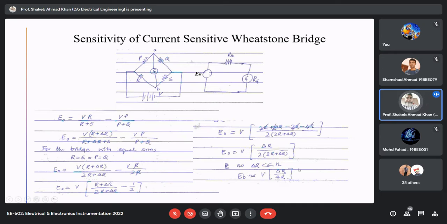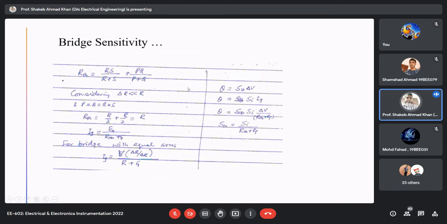This is a very popular expression for a bridge voltage, and later on you will find we'll revisit this expression many times: V upon 4 delta R upon R. Anyway, we are able to find the Thevenin equivalent voltage across the galvanometer.